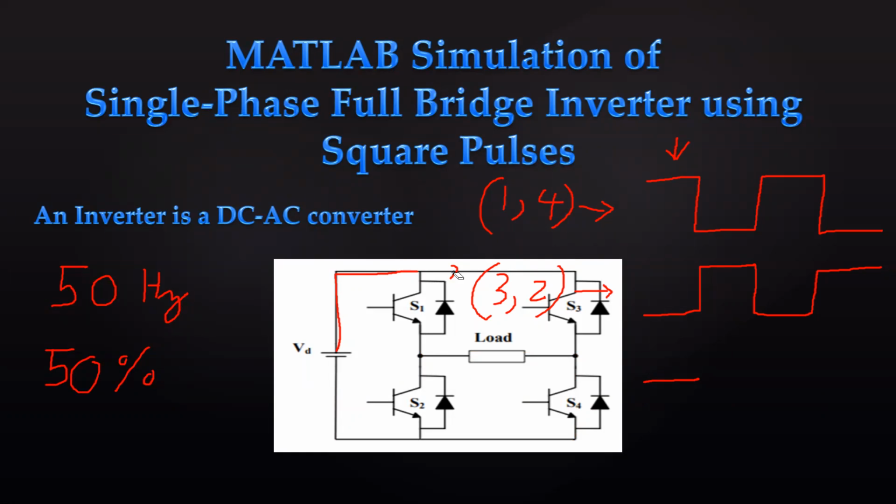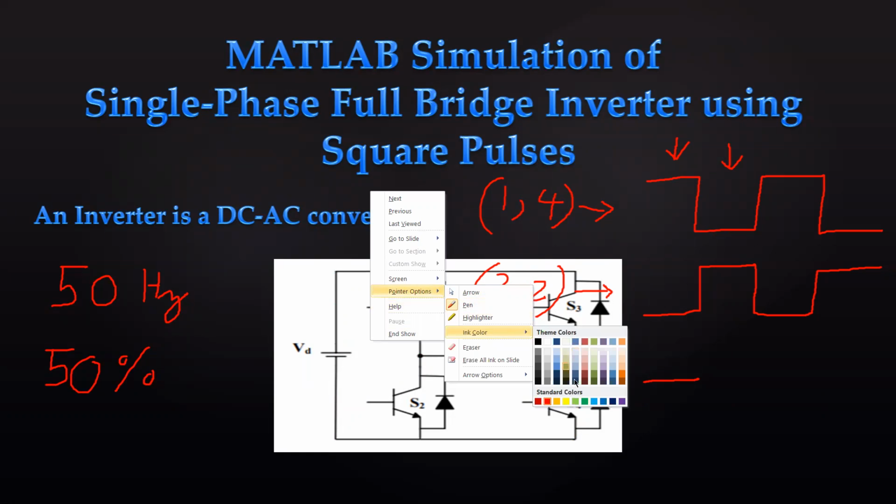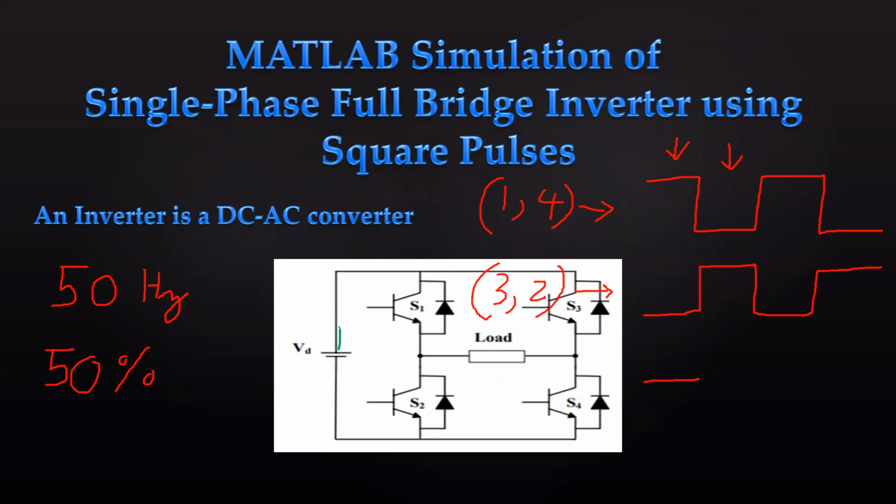Now let's see what will happen in the second half. In the second half, first and fourth are off, and third and second are on. Current will start from here. It will not go through the first one as the first switch is off. It will go through the third one, come down, and go to the load.